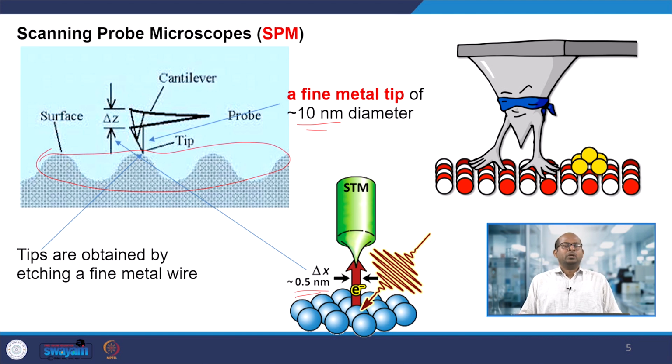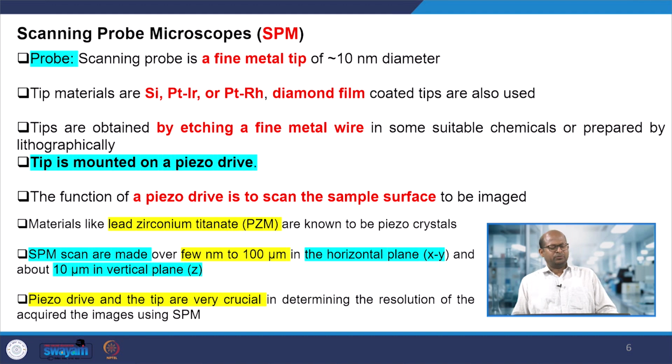These metal tips are formed by different etching methods, which will be discussed. In this SPM, the probe is a very important part of the technique. It is made of fine metal tips with a 10 nanometer diameter.